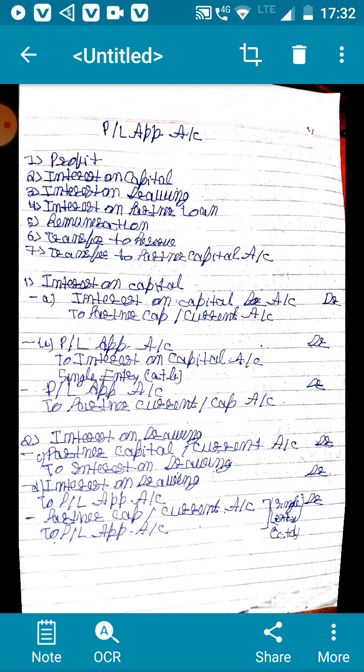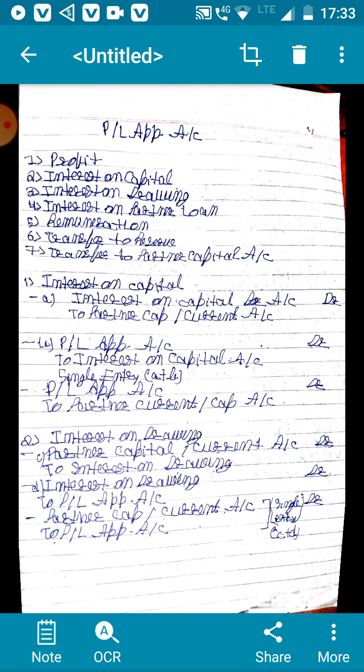If we have to pass a single entry from these two entries, then we can pass: profit and loss appropriation account debit to partners' capital accounts.